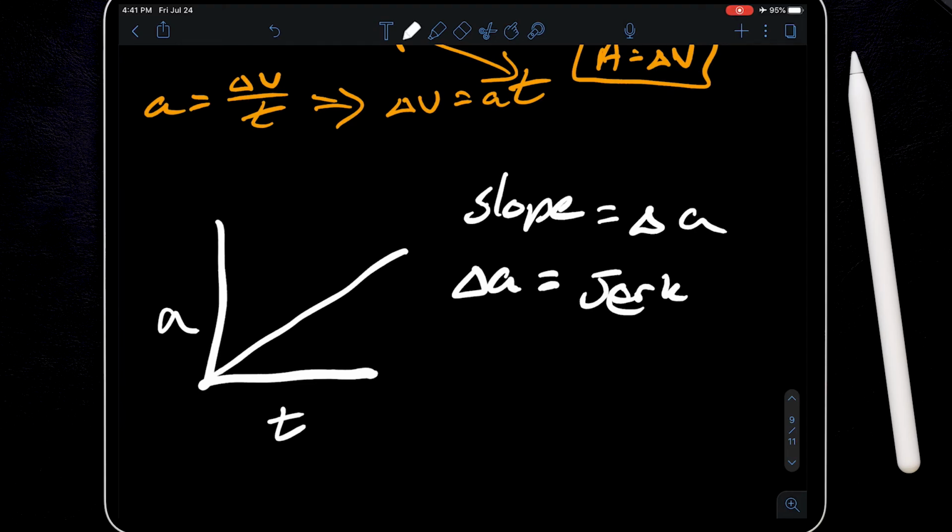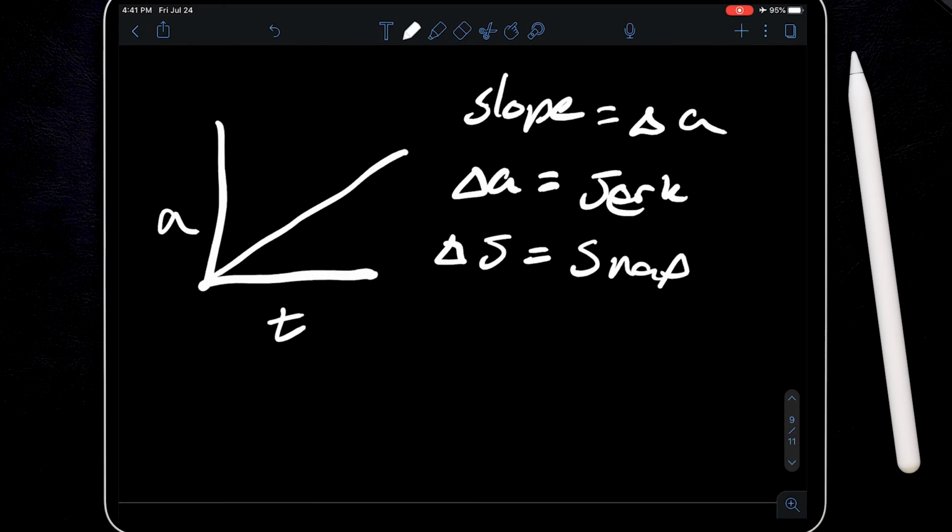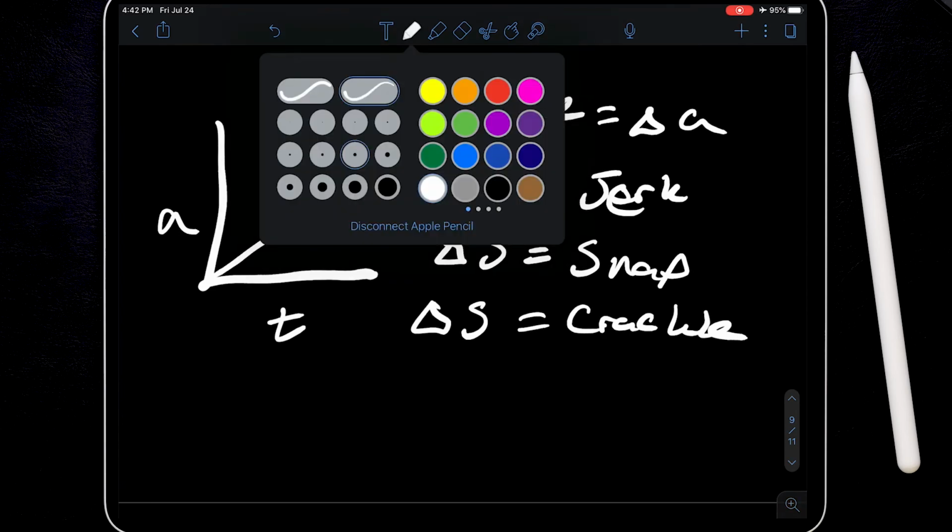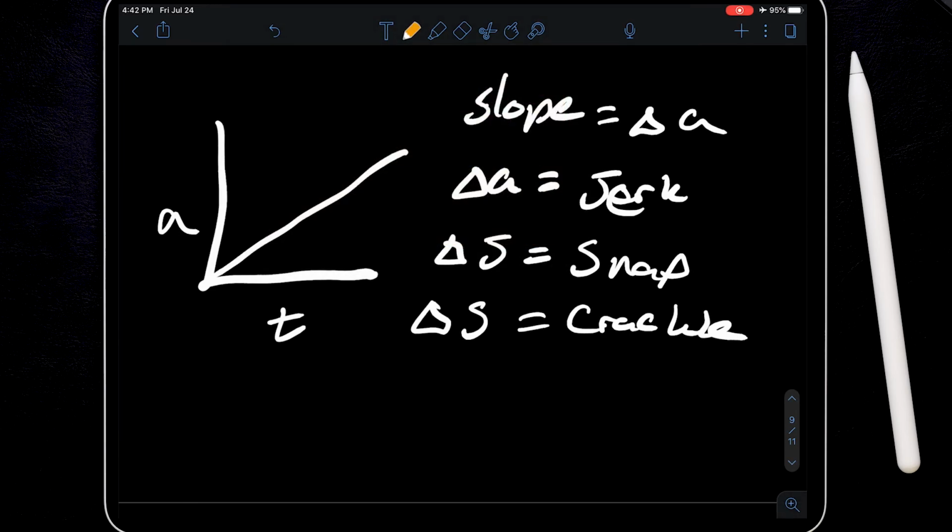And then there's going to be someone else out there that asks, well, what's a change in jerk? Well, a change in jerk is actually called a snap. And then someone else is going to say, well, what do we call a change in snap? Well, a change in snap is called a crackle. And then someone else says, all right, hold on. Let me get all of this straight. So a change in displacement, we call that velocity. A change in velocity, we call that acceleration.